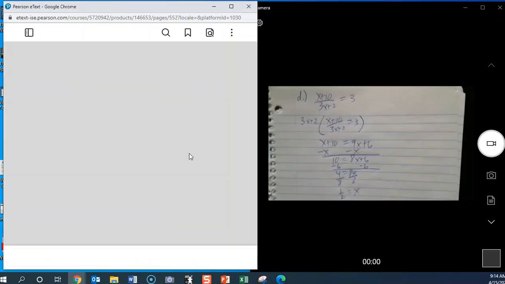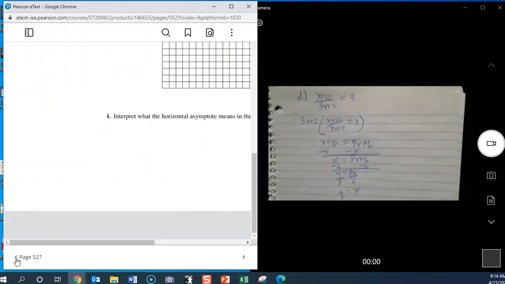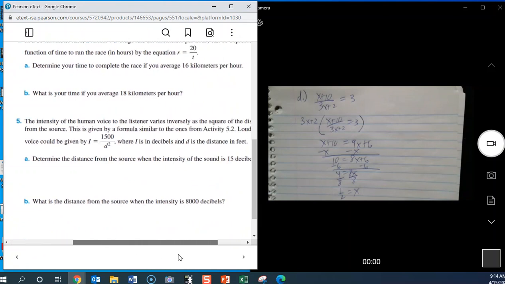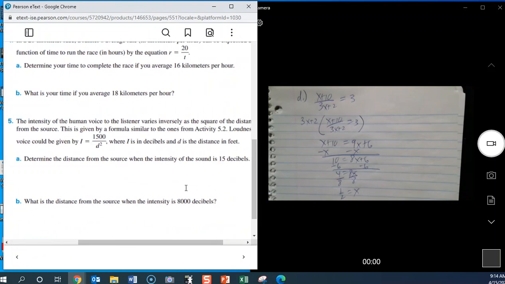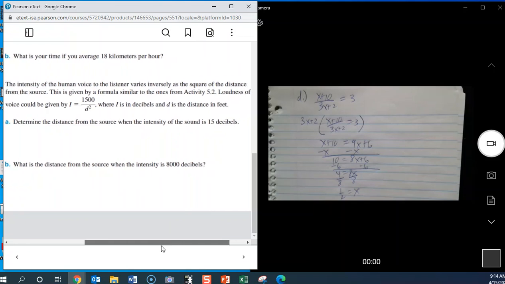All right, now we're going to go to problem number 5. I think it was at the bottom of page 527. So problem number 5 says the intensity of the human voice to the listener varies inversely as the square of the distance from the source. This is given by a formula similar to the ones from activity 5.2.